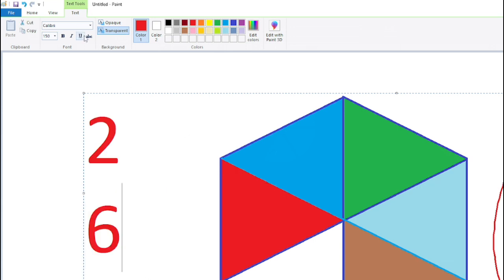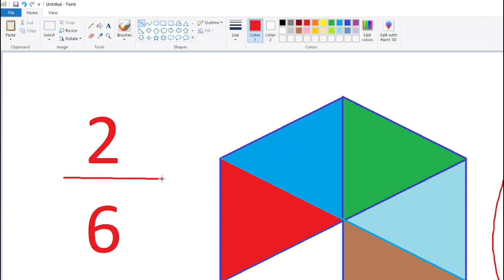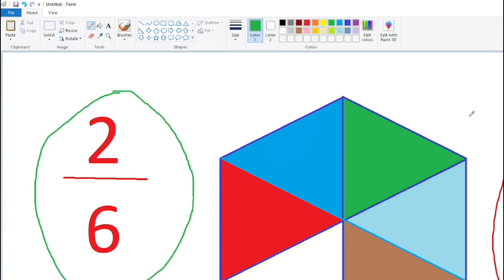Here is 5 by 6 and 2 by 6. If you consider these two fractions, one is 5 by 6 and another one is 2 by 6.